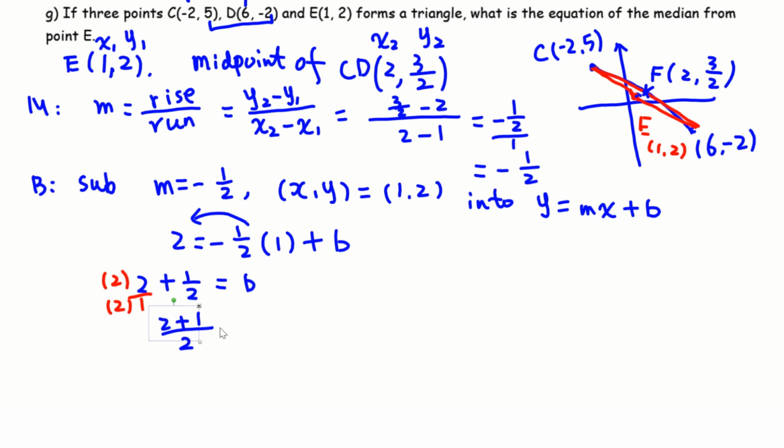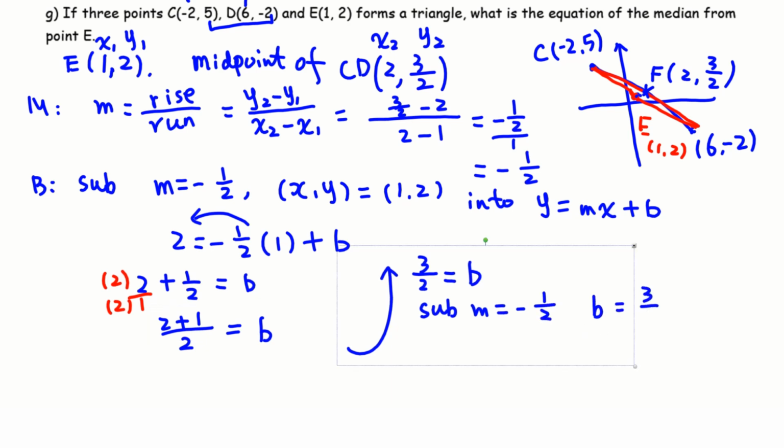The denominator stays the same. Then we have 3 over 2 equals b. We sub slope negative 1 over 2 and b equals 3 over 2 into the slope y-intercept form. We have y equals negative 1 over 2 x plus 3 over 2. Then the equation of the median is done.